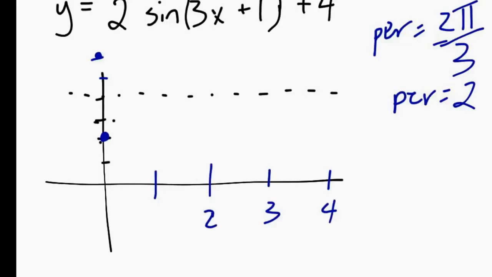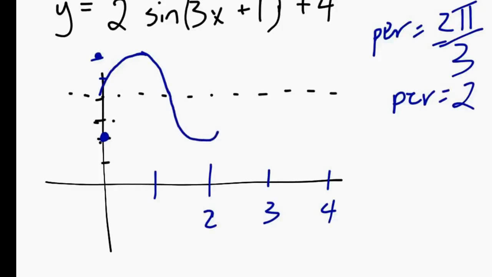Assuming our graph starts at the origin, actually the plus 1 is going to make it shift over, but we'll ignore that, that's not important. We go up 2, back to our midline, 2 down, and we'd be back at a period of 2, and then we could draw another one of those, up and down again, and that would be it.